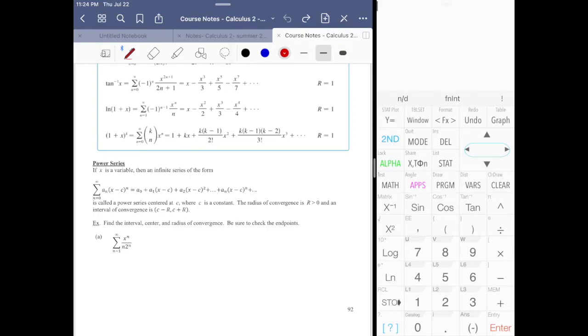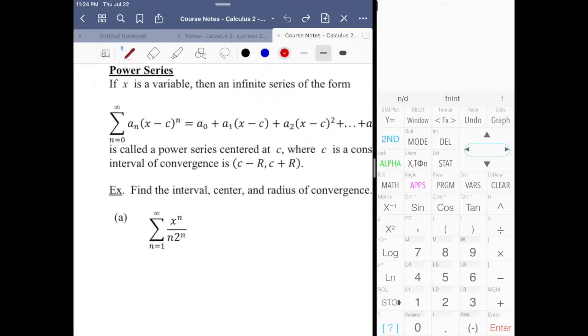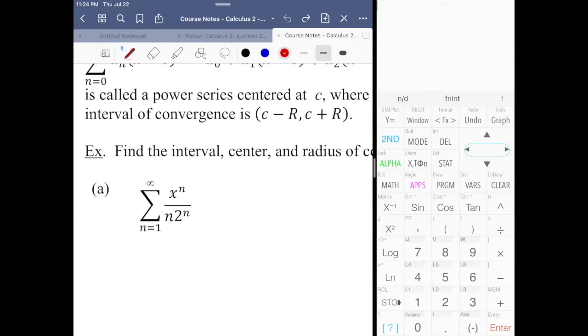When it says find the interval, center, and radius of convergence, be sure to check the endpoints. That doesn't have a heck of a lot of meaning right now, but what that's telling us to do is find whether or not this converges and under what circumstances it converges, which gives it a little bit more meaning.